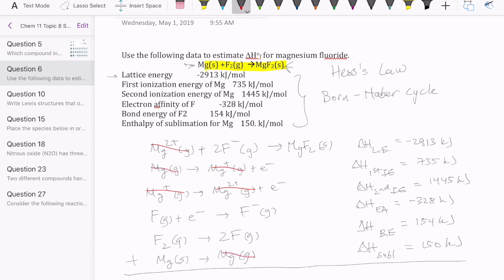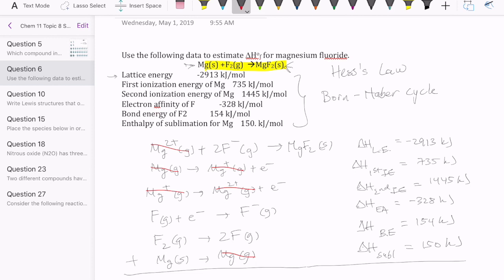That's pretty much it for now, except that we can cancel some other stuff out if we multiply one of these reactions by the right number. If you notice, there are 2 electrons on this side and only 1 electron on this side. If I can make it 2 electrons on both sides, I can cancel them out.